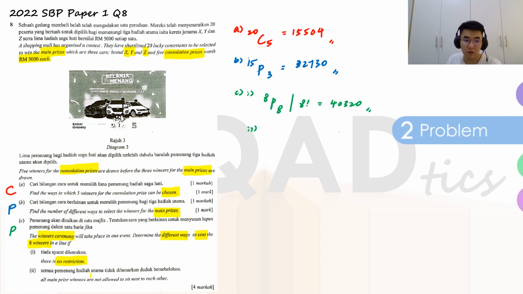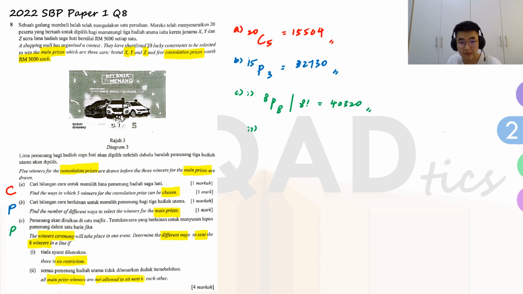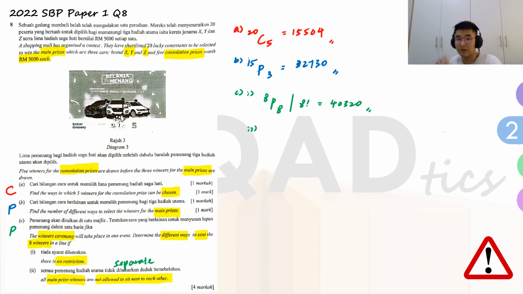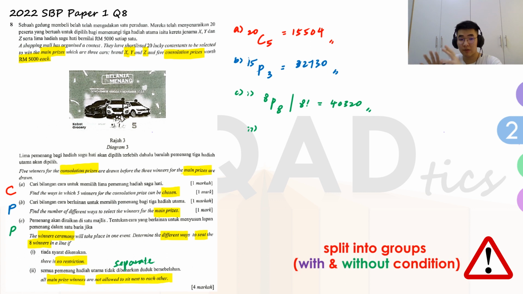For part 2, there's a condition. All these main prize winners are not allowed to sit next to each other, so we need to separate them. For this kind of separate or sit-next-to-each-other question, we can split the winners into two groups: one without condition and one with the condition.